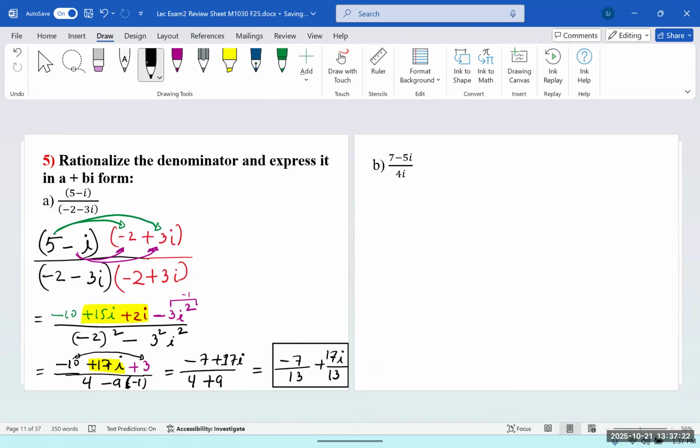So what happens when we have only one term on the denominator? What do you multiply by? Good, only i. The 4 doesn't give us any problem. The i does. So you multiply numerator and denominator by i, and we get 7i minus 5i squared divided by 4i squared.